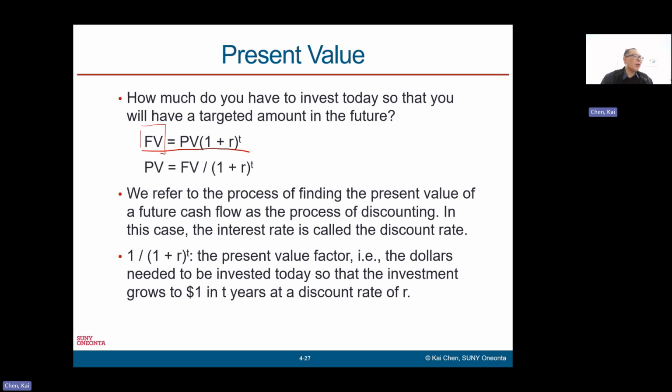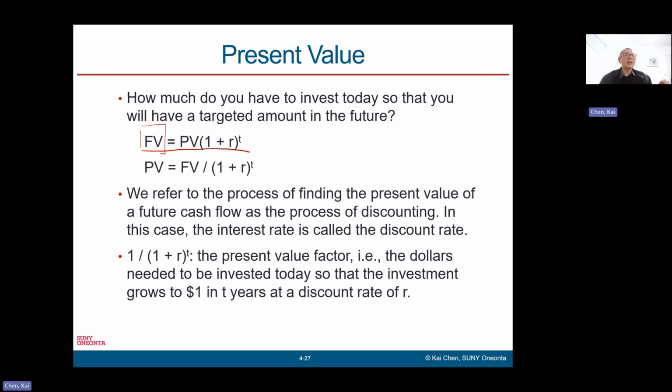But right now, in the present value issue, we know the future value. We know the R, we know the T. In this equation, the only unknown is the present value, PV. So we are going to solve this equation for PV. So this is a reverse process, a reverse issue of the future value issue.